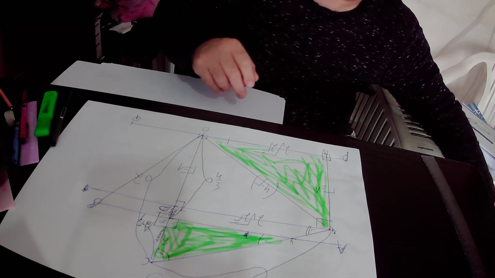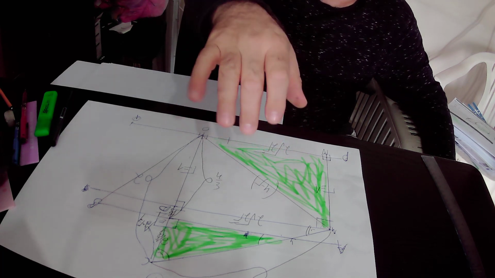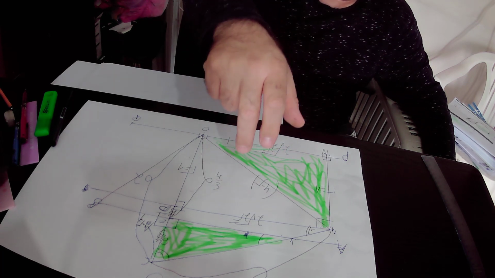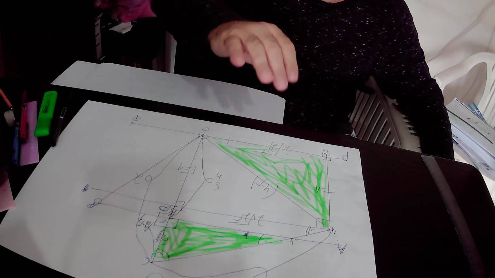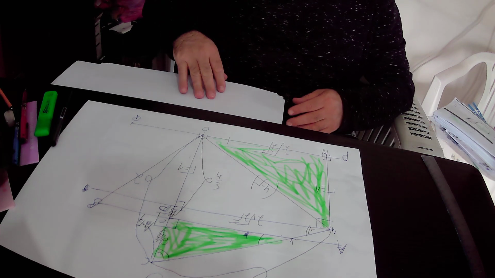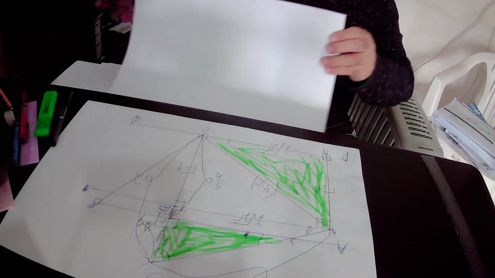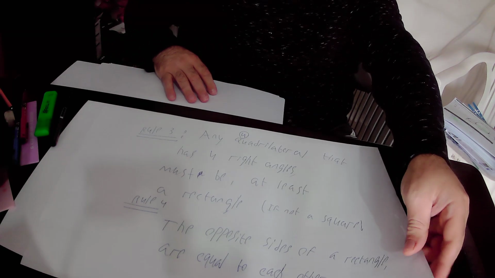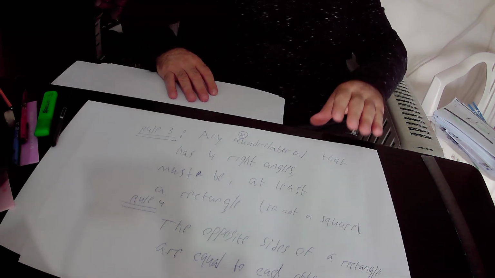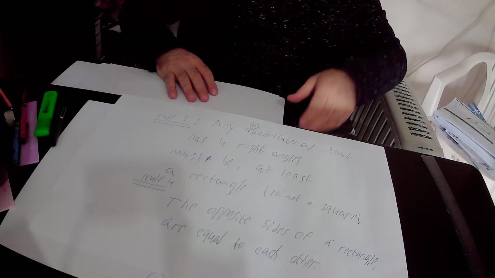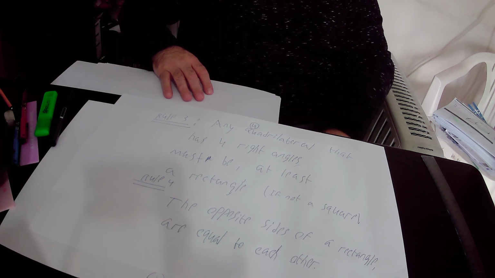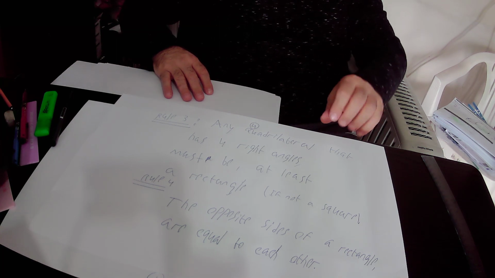So actually all four angles of quadrilateral MNOD are right angles. They are equal to 90 degrees. And we also have rule number 3, which states that any quadrilateral that has four right angles must be at least a rectangle, if not a square.